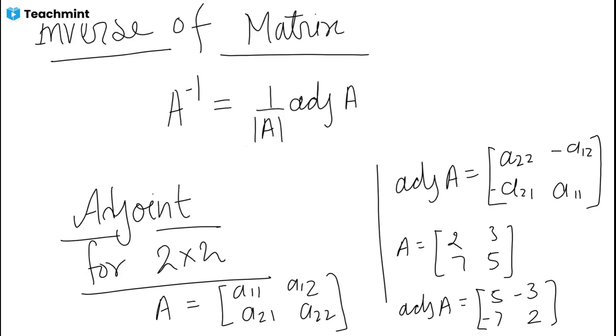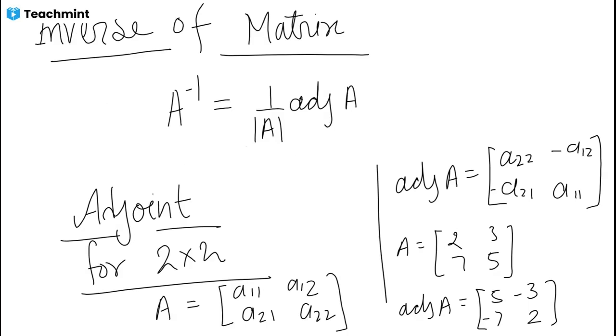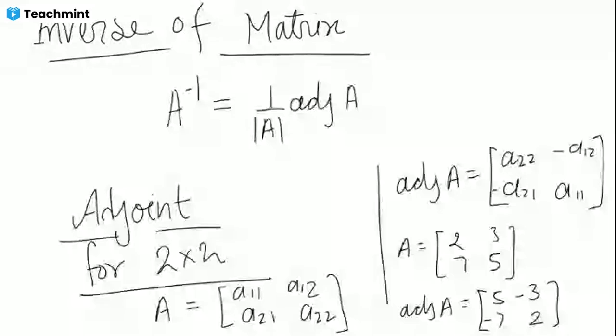By using this formula, let us understand how to find inverse of A first for 2 by 2. If we have A here having these elements, let us find the determinant of A for this.